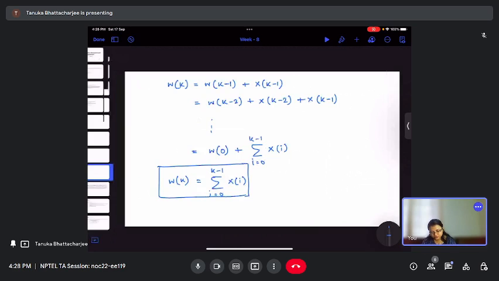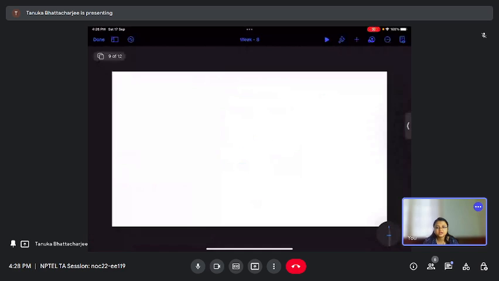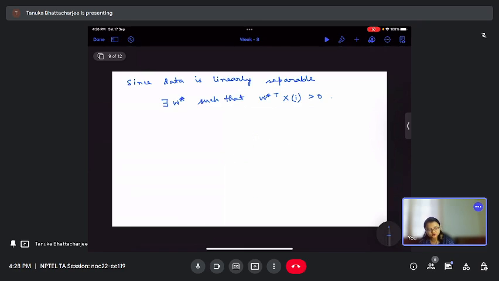Now, since your two classes in the training data set are linearly separable, since data is linearly separable, there will exist some W star such that W star transpose xi will be greater than 0 for all i.